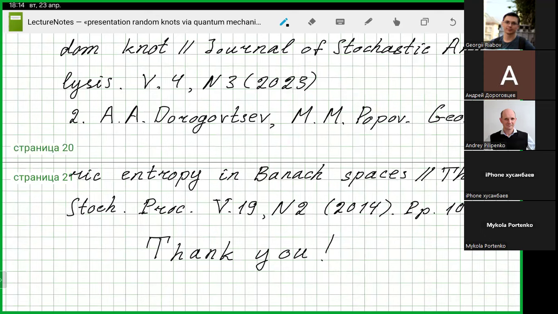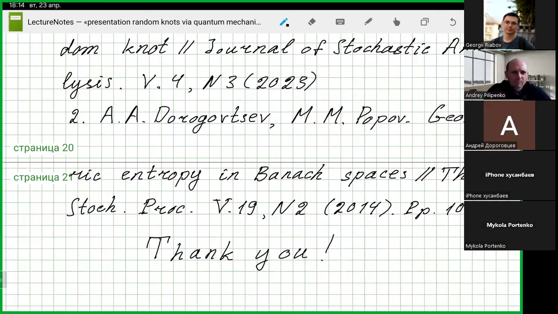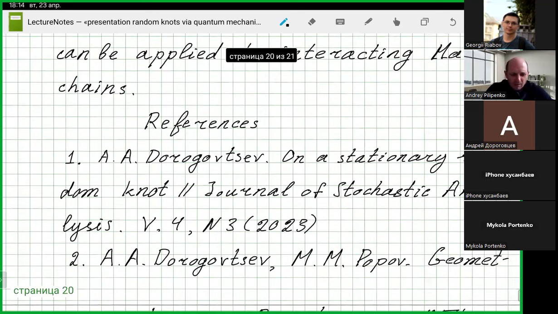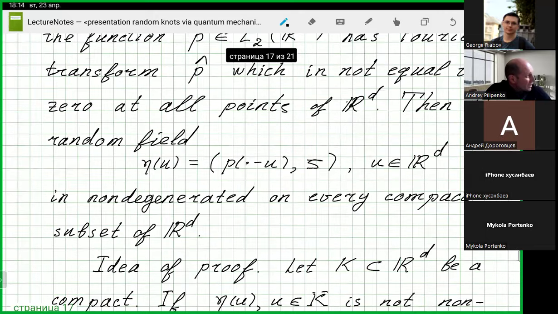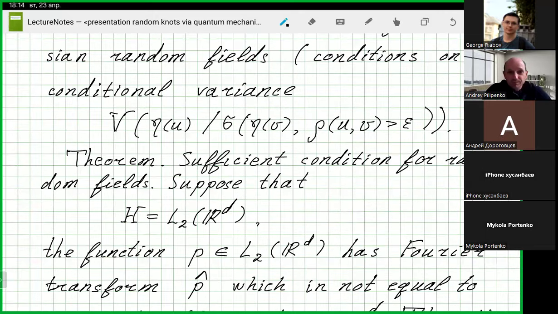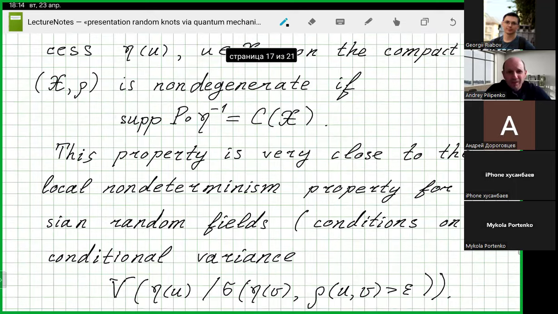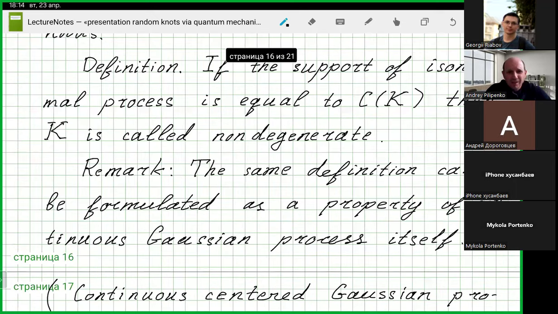Maybe somebody has questions. I have one question about support. You explained that the support of the process is all phase of knots. Yes.